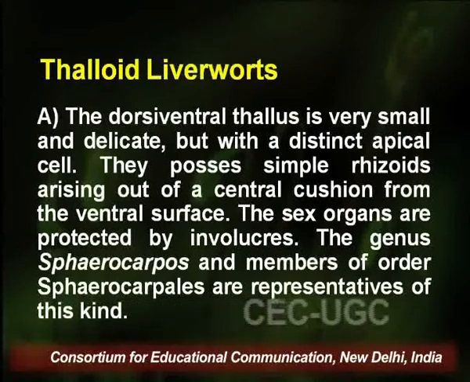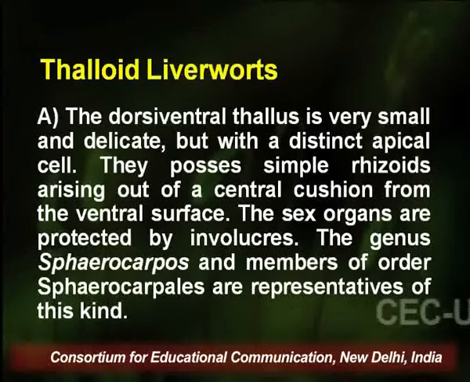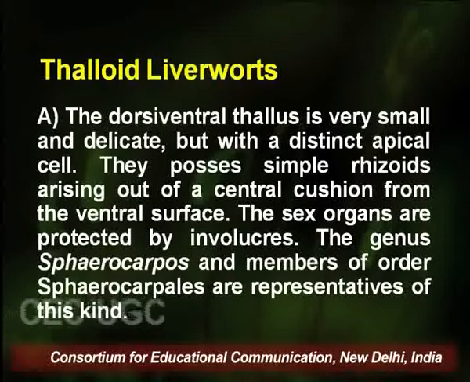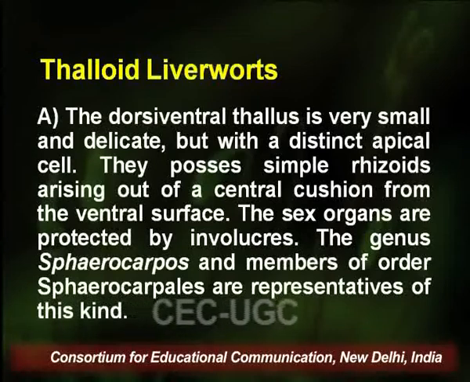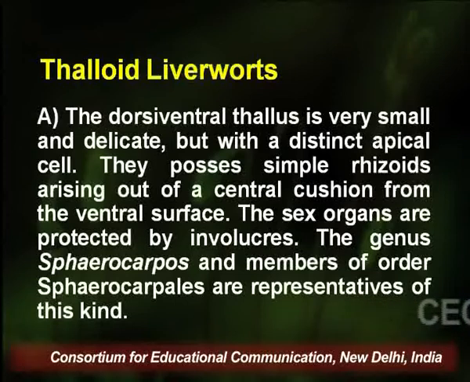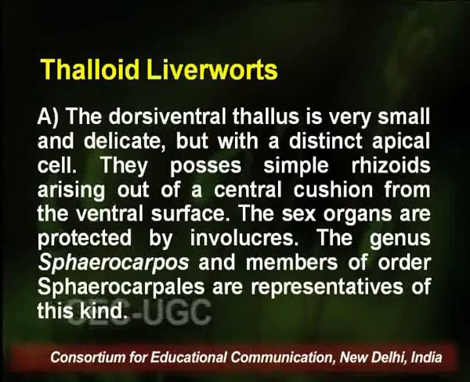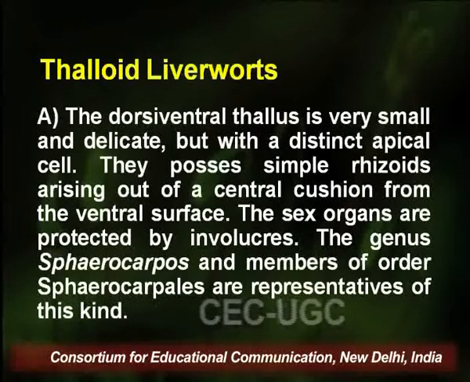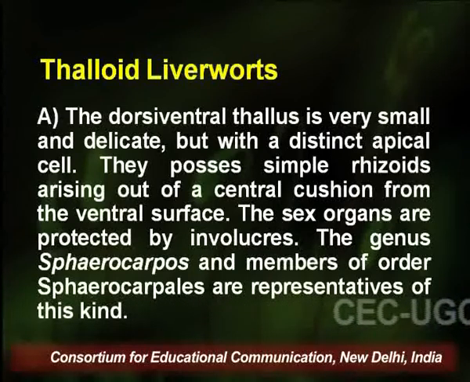They possess simple rhizoids arising out of a central cushion from the ventral surface. In such thalloid body organization, the sex organs are protected by involucres. The genus Sphaerocarpus and other members of the order Sphaerocarpales are the representatives of these kinds of thalloid liverworts.